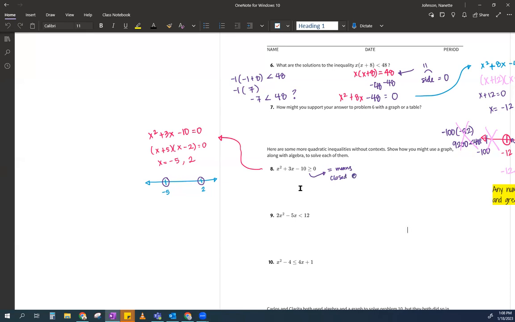It also means that 2 and -5 are solutions. So I'm going to color this in here, and I'm going to write this as my little note. Closed, because greater than or equal to. So equal to is your clue there.